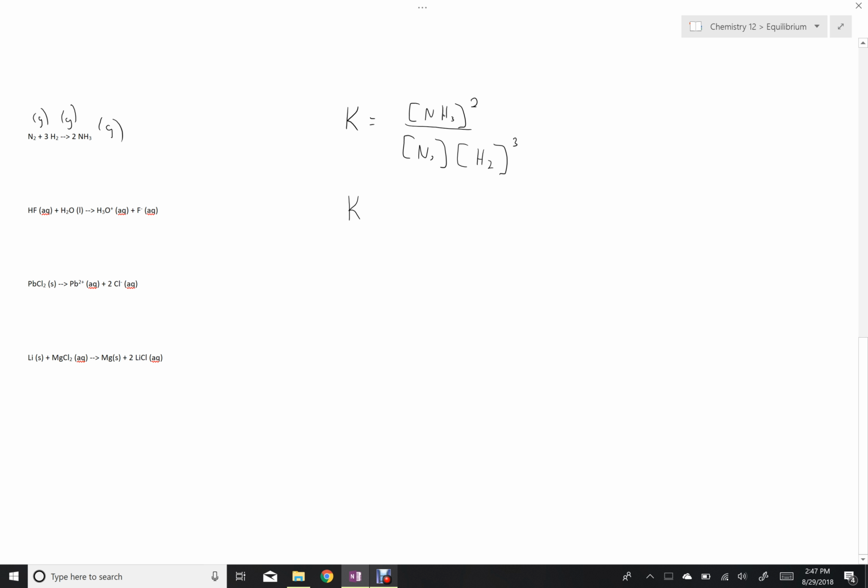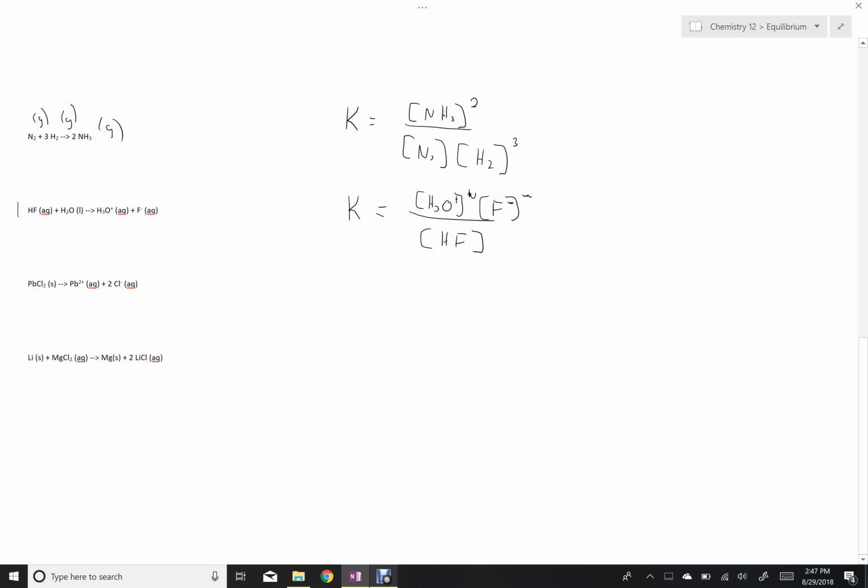Looking at the acid-base reaction for the weak acid hydrofluoric acid, we would have our aqueous product, HF, on the bottom here. We would have our hydronium, which is a dissolved polyatomic, and our fluorine ion. Sorry, those should be inside.